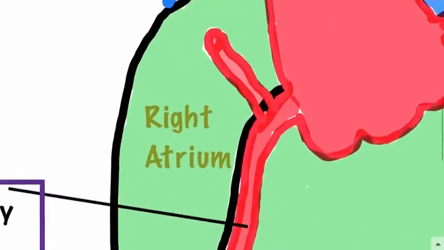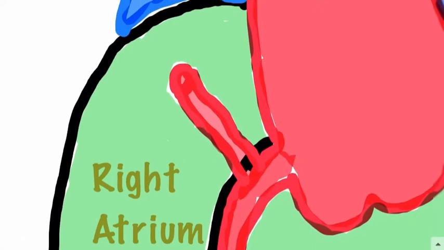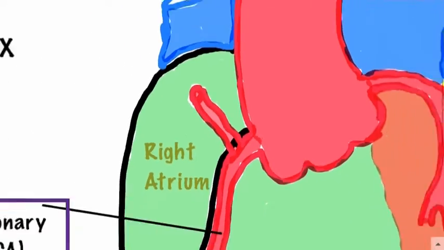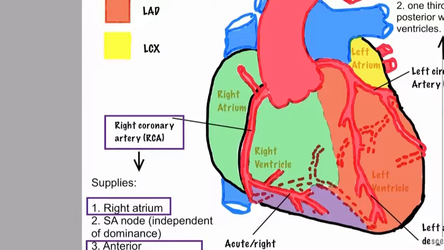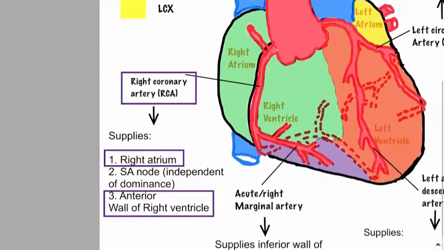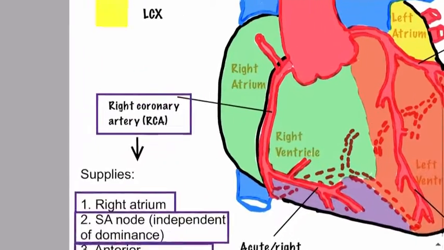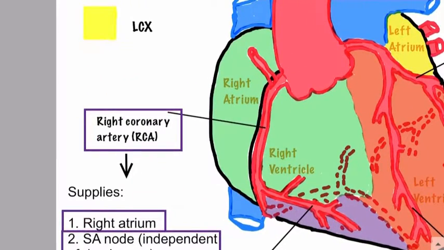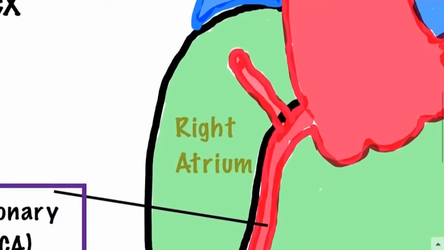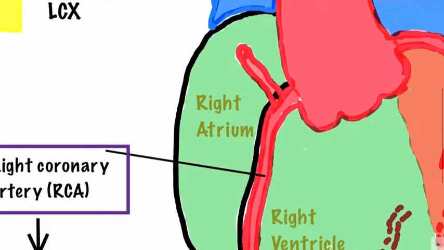And guys, as we mentioned before, the RCA gives rise to sinoatrial nodal branches, or SAN branches. So RCA supplies the sinoatrial node. And as you all know, RCA comes off from the aorta, and the SA nodal branches always come out of the RCA.